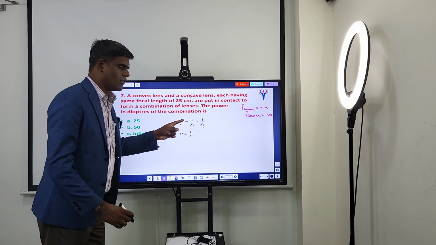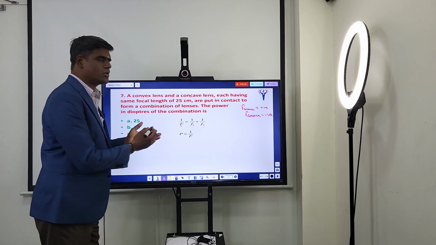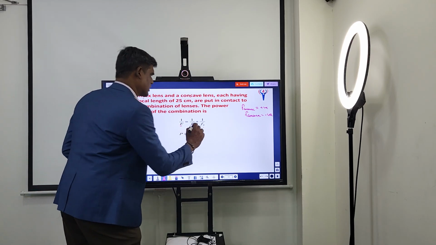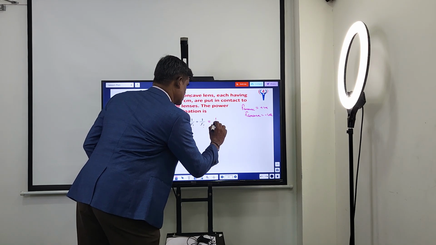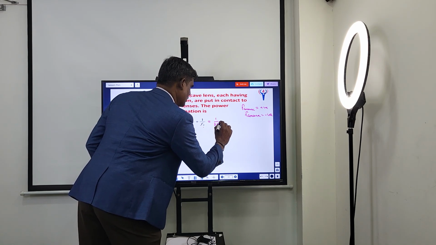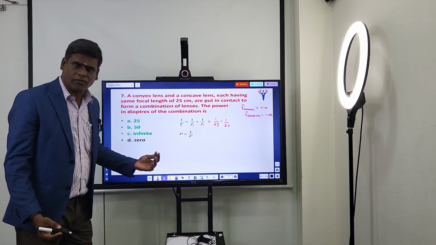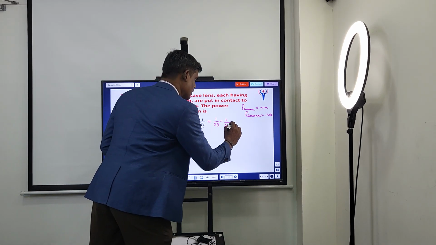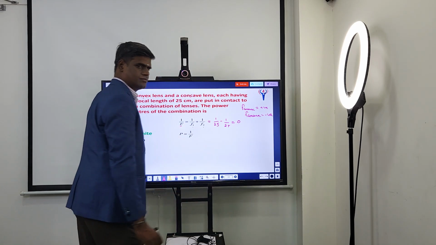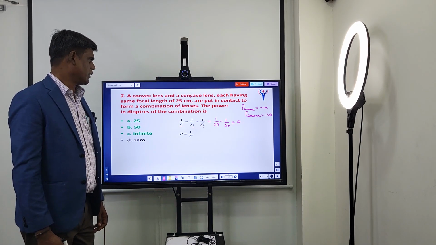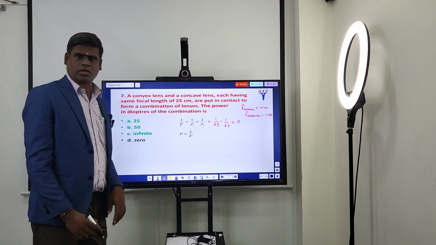So 1 by f1 minus 1 by f2, and both have the same focal length of 25 centimeter. Then this is equal to 1 by 25 minus 1 by 25, which is equal to 0. Then 1 by F equal to 0.